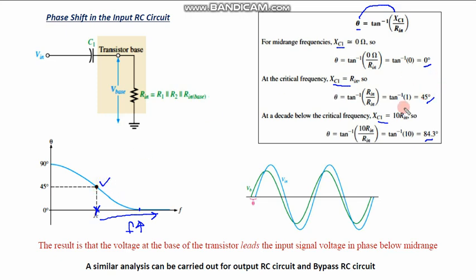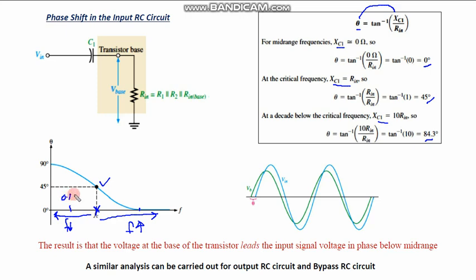And if frequency is reduced further down from FC, there is a phase of 84.3, and it occurs at a frequency of 0.1 FC.